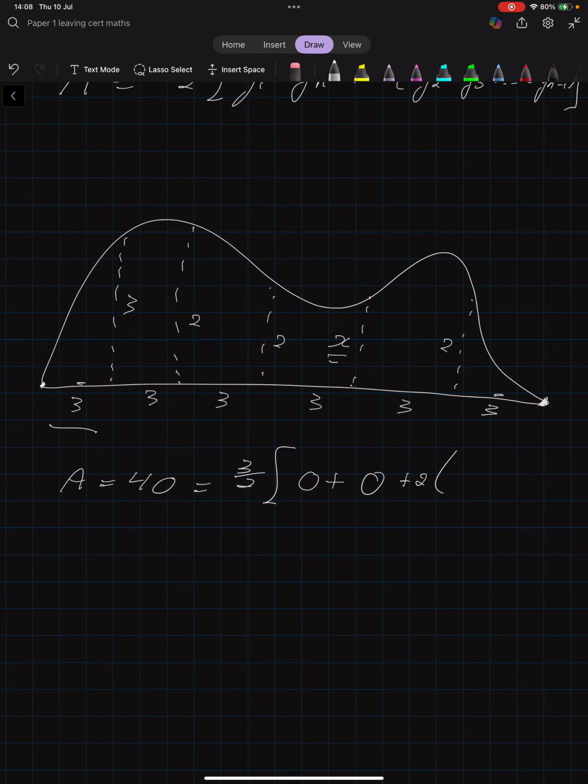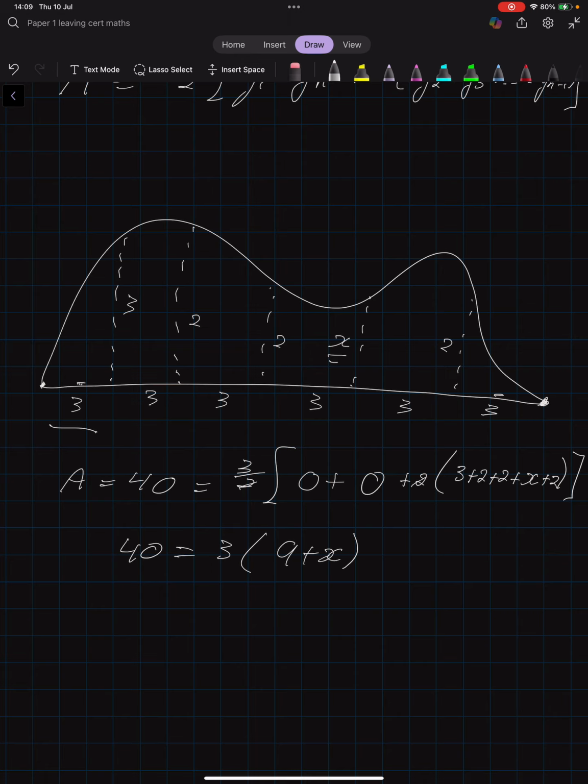Plus 2 times all the numbers in between. So it's 3 plus 2 plus 2 plus x plus 2. Okay? So I get 40 is equal to, that 2 and that 2 cancel, so it's 3 over 2 times 3 plus 2 plus 2 plus 2, that's equal to 9, plus x like that.